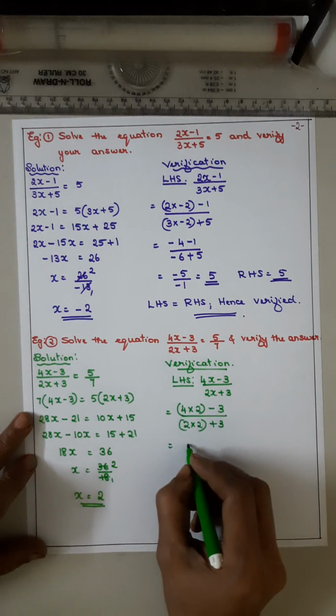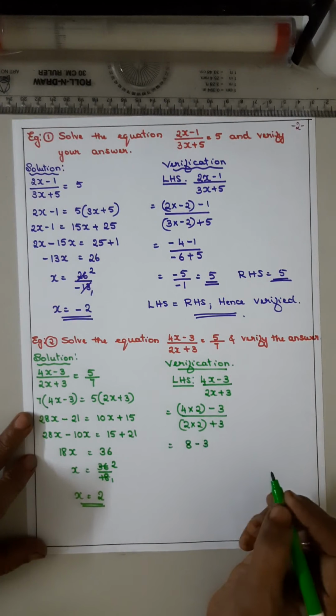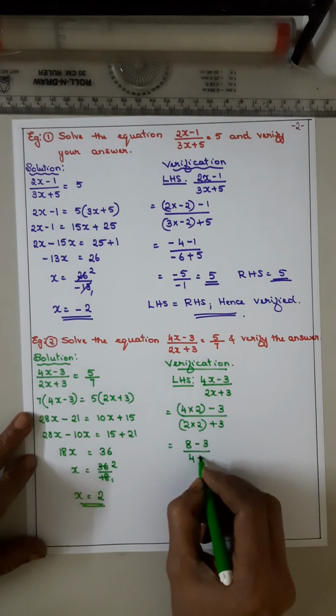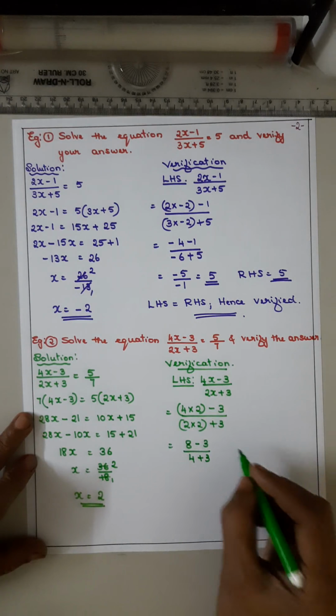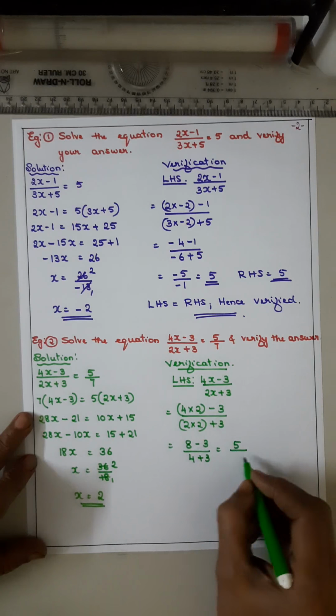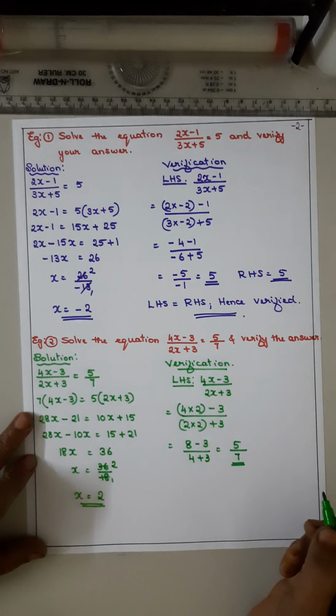Now 4 twos are 8 minus 3 upon 2 twos are 4 plus 3. Now 8 minus 3 is 5. 4 plus 3 is 7.